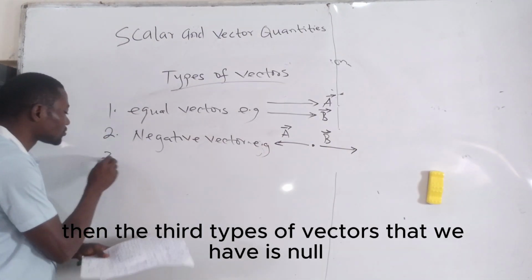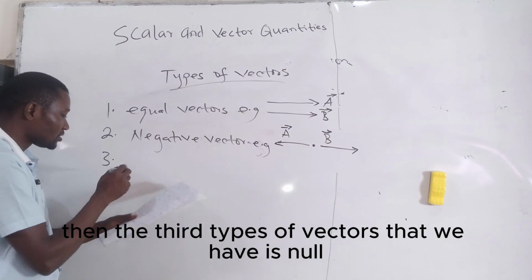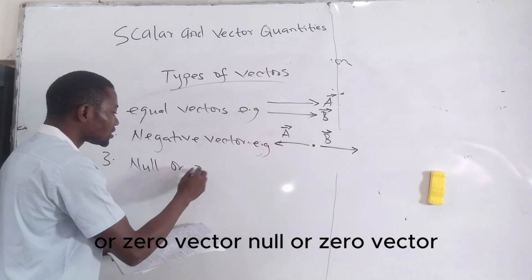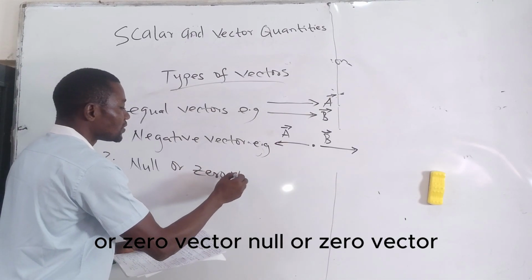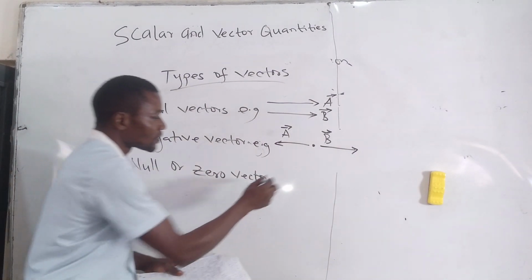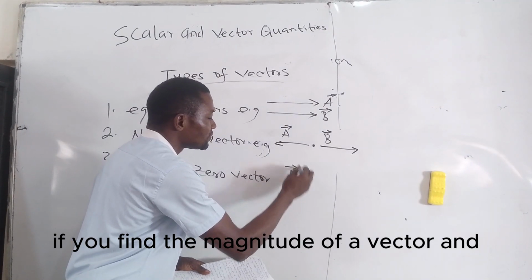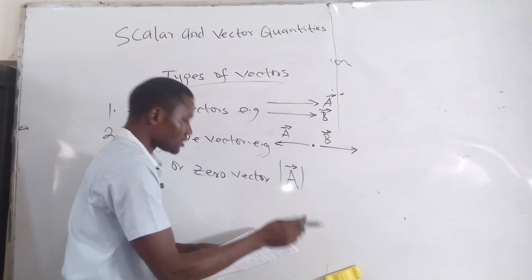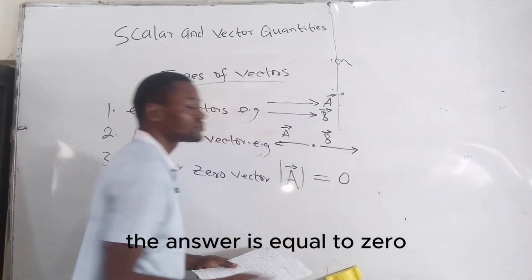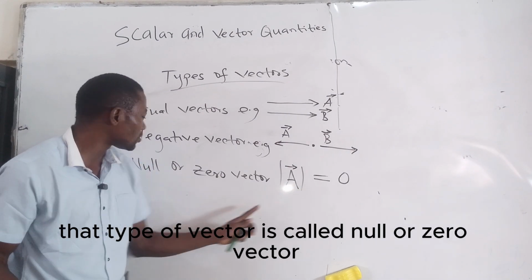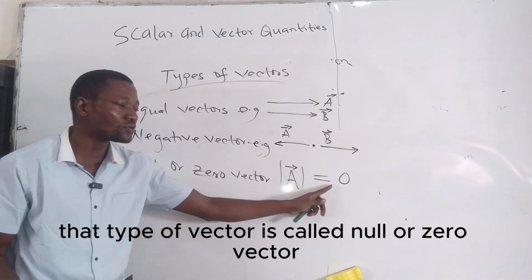Then the third type of vector that we have is null or zero vector. If you find the magnitude of a vector and the answer is equal to 0, that type of vector is called null or zero vector.